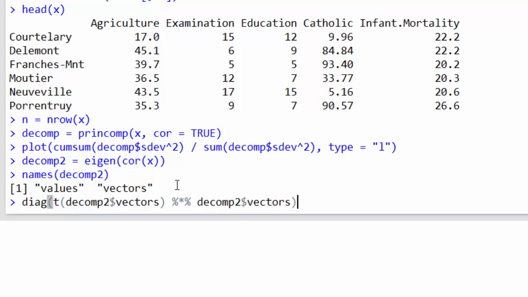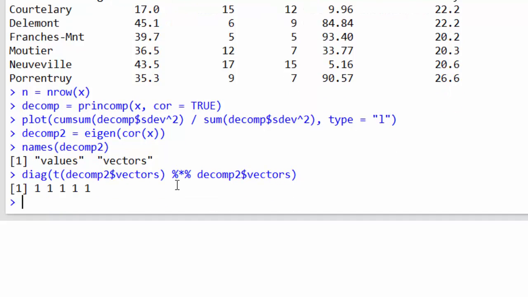So if I take the v transpose v, that should just give me a vector of ones. Okay, so that's just saying that v transpose v, the diagonal of that is ones. We know that all the off diagonals are zeros. That's just reminding us that v is an orthonormal basis for R5 in this case.